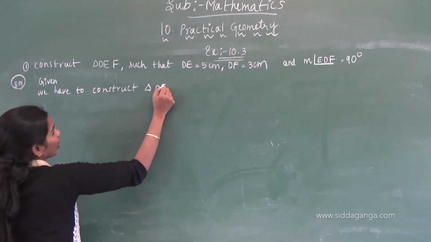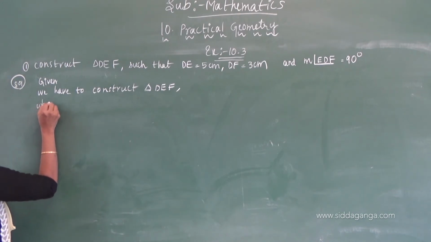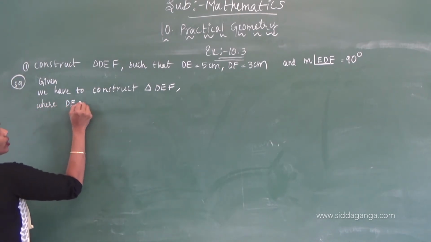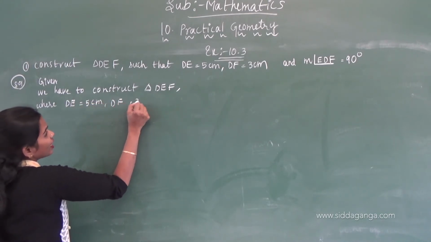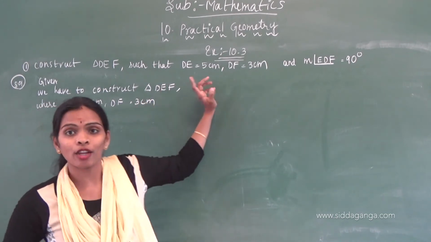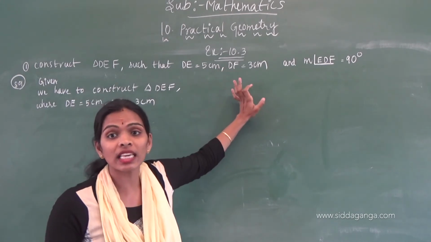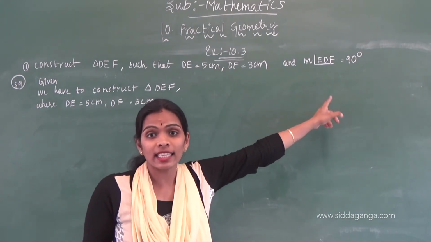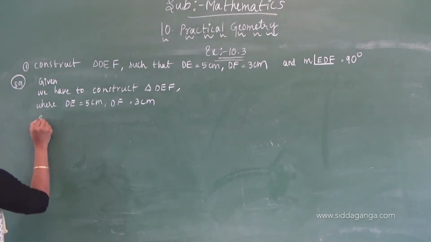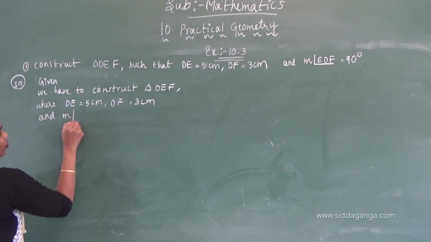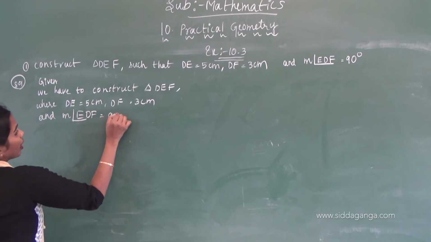We have to construct a triangle DEF, where DE equals 5 centimeters, DF equals 3 centimeters, and they are giving the included angle only, because DE and DF, the common point is D and the included angle is EDF, that is 90 degrees, and measure of angle EDF equals 90 degrees.